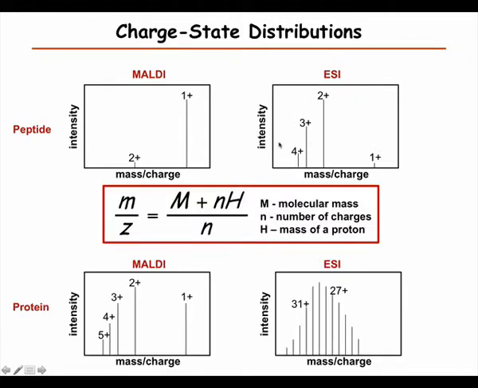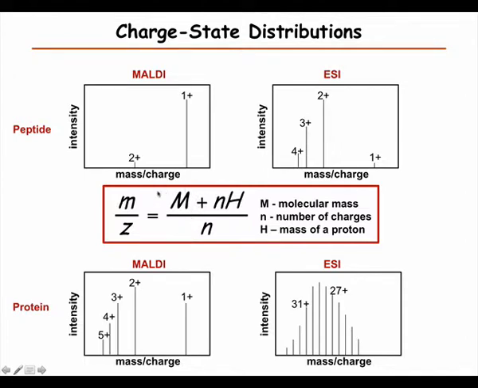And then when you go up to larger proteins, you get more charges, and in electrospray, many more charges. So you get this distribution. And if we want to calculate what the mass to charge is, there is a simple formula.